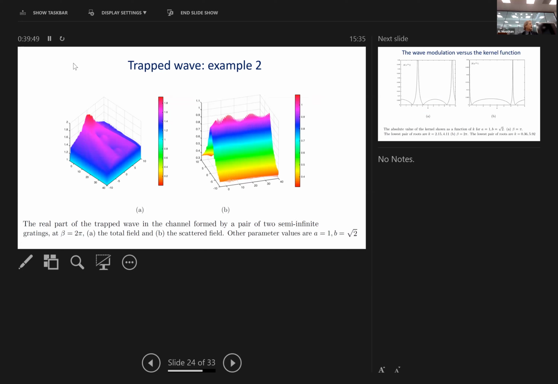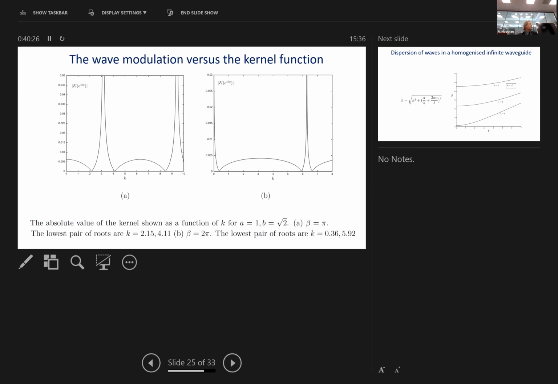Now I'm looking at a different value of the spectral parameter. And what I see is, again, I have trapped wave, but this period is different. And you can see I have two modes. I have the envelope mode and rapid oscillations, and this can be quite tricky. So if you try to use your intuition, it doesn't work. But the analytical model does.